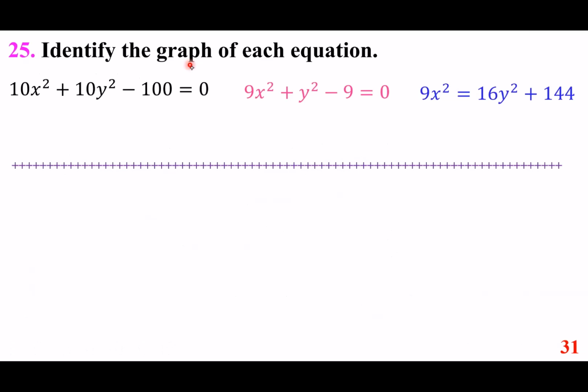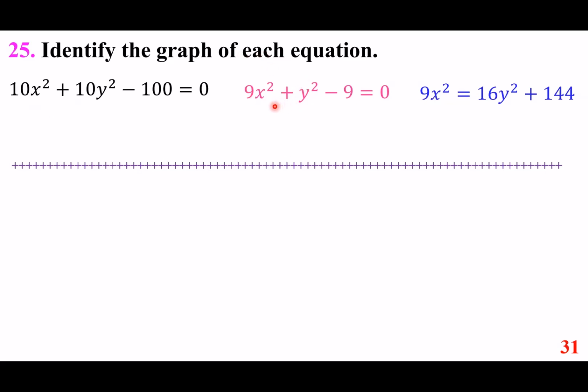We want to identify the graph in each case, and I want to go over a couple of things to make sure everybody understands what's going on. So if you know you're dealing with conic sections, when x squared and y squared have the same identical coefficients, it's a circle. Of course, you can put it in standard form and prove it. But at a glance, they are identical. These two have the same sign, but they are different.